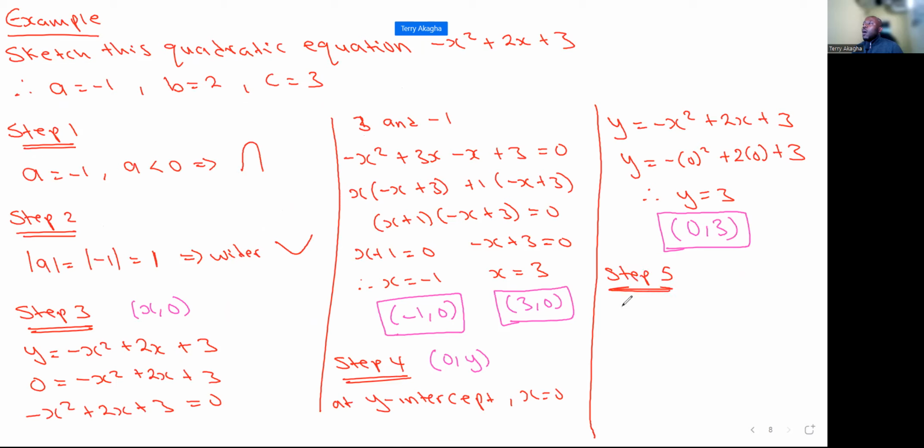We have y equal to minus x squared plus 2x plus 3. I'm going to solve this on the next whiteboard so that it will be very clear and easy.